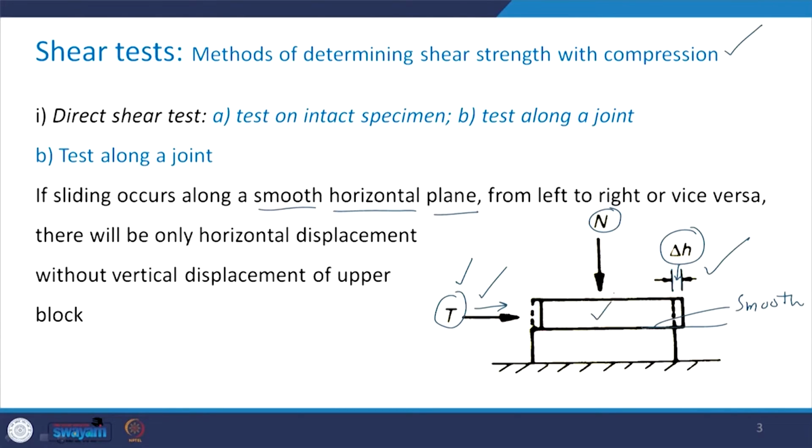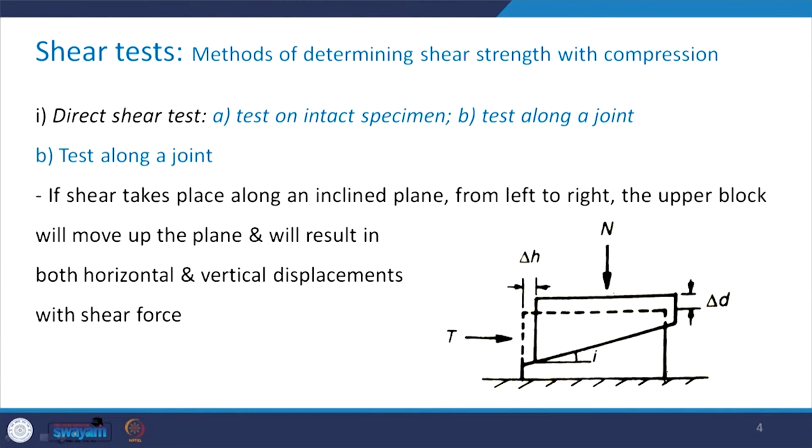Now, what will happen if this plane of sliding is smooth but inclined? You see here in this figure that the inclination of this sliding plane, this angle, is i. That is, the sliding plane is not horizontal but inclined.